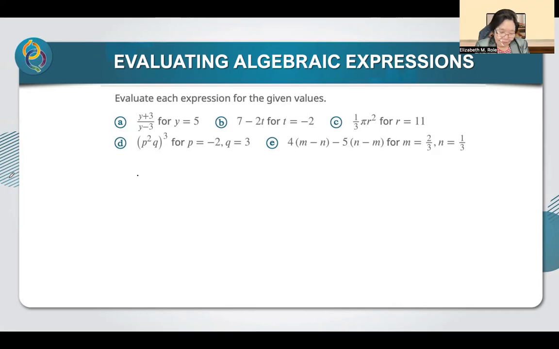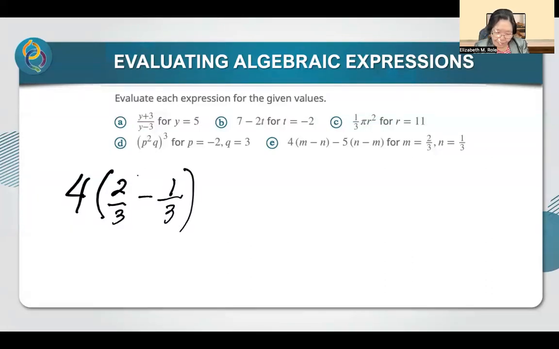So let's just try, for substitution, number 4. Instead of m, we put 2 over 3. Instead of n, we put 1 over 3. Right? So m minus n minus 5.